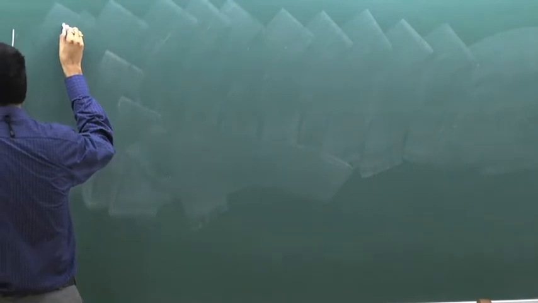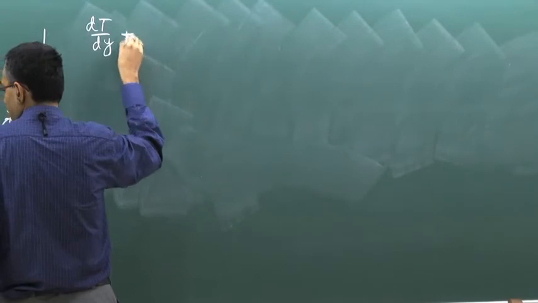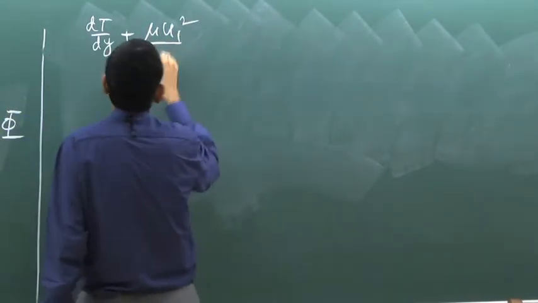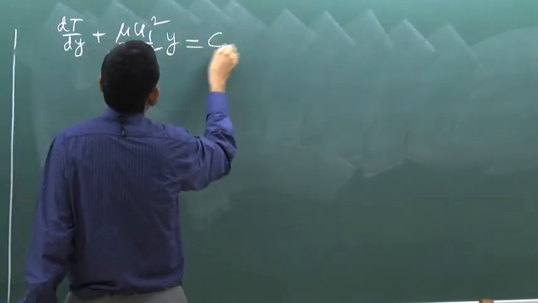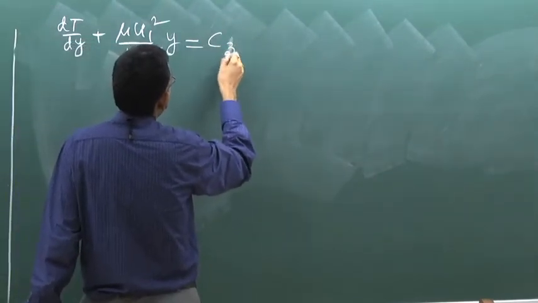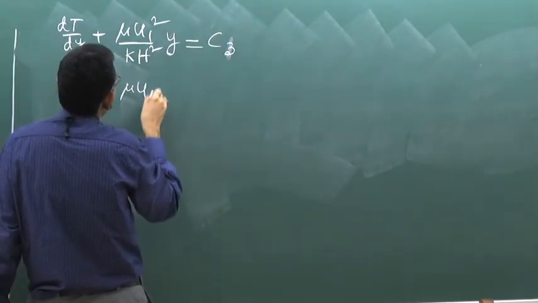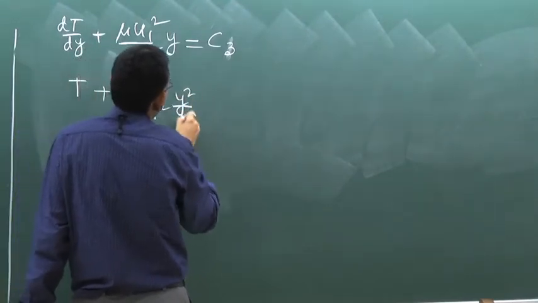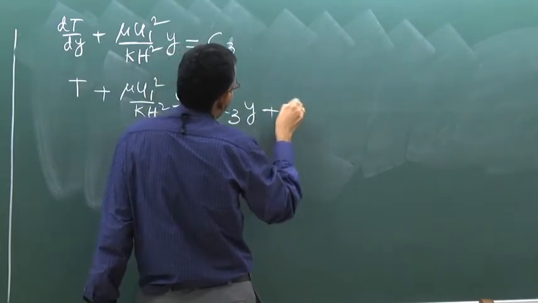So let us integrate it once: dT/dy plus mu u1 square by k h square y is equal to C1. C1 and C2 we have used, so C3, and T plus mu u1 square by k h square y square by 2 is equal to C3 y plus C4.